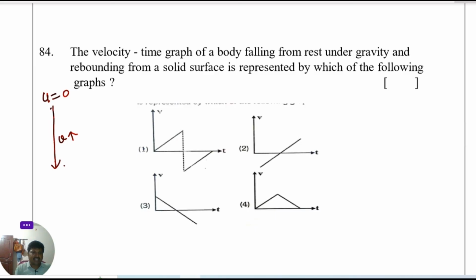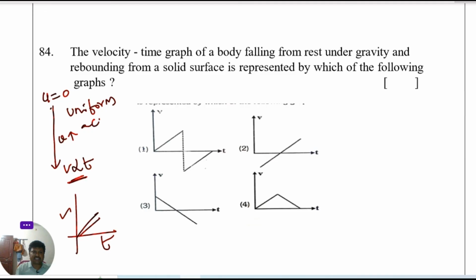That means velocity is directly proportional to time, so the graph is like this, because the body is under gravity, falling with uniform acceleration. For uniform acceleration, in the velocity time graph, the graph is a straight line.